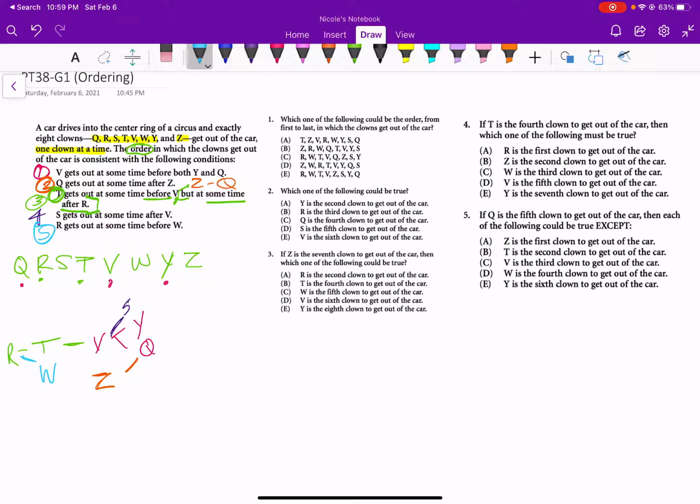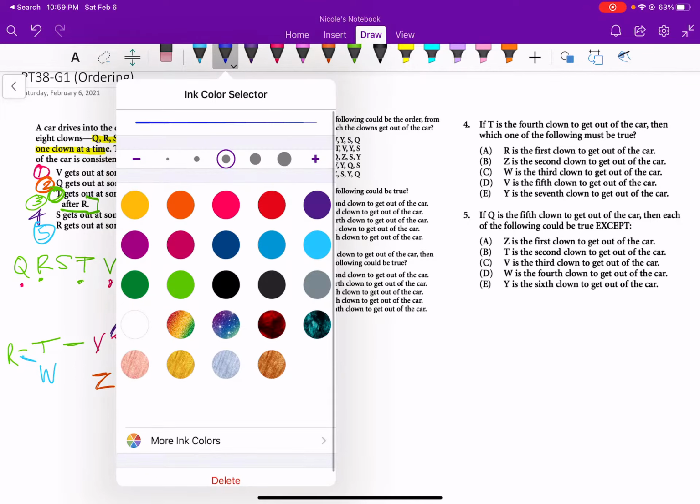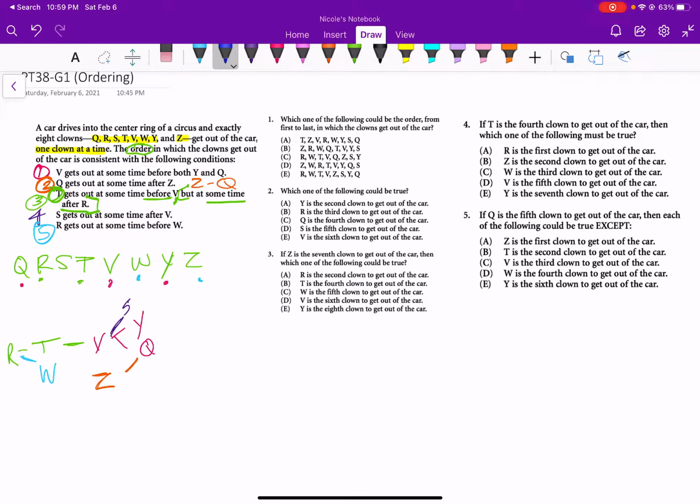So the big thing to pay attention to on these ordering games, which we have our little diagram here, is the variables that don't have anything to the left of them. So our variables that don't have anything to the left of them would only be, for this example, R and Z. So that means that there's nothing constraining them, like nothing that has to go before them.